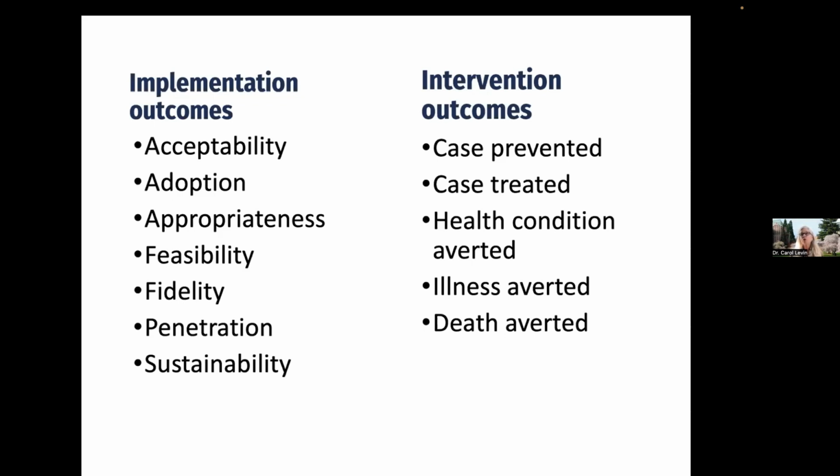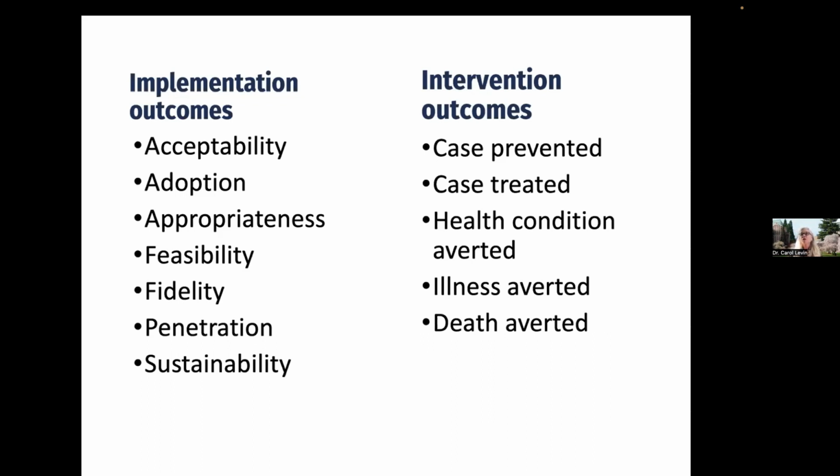Now, when you work with a health economist who's not so familiar with implementation science research, don't be surprised if we call your implementation outcome an intermediate outcome or an output. The reason we do this is it's very hard to get from those implementation outcomes that are more distal from that case prevented or that case treated, right?